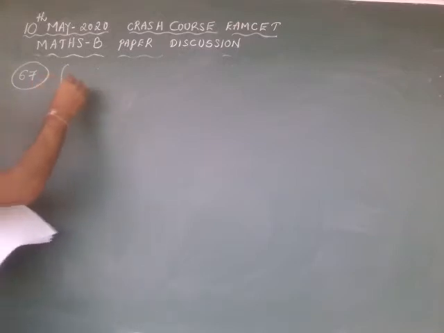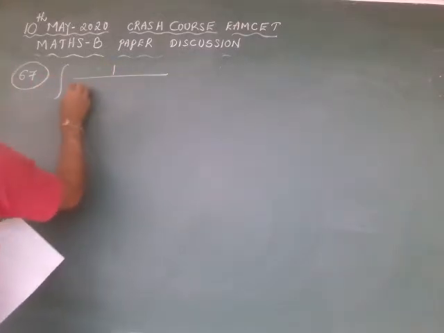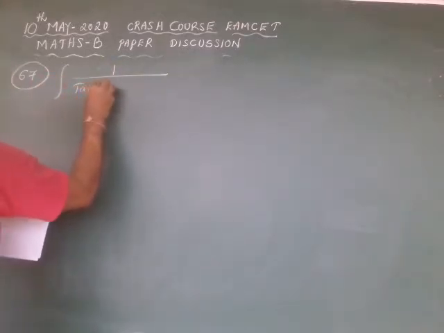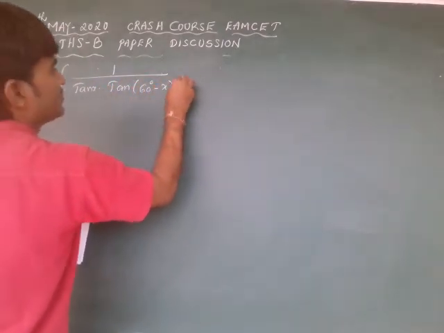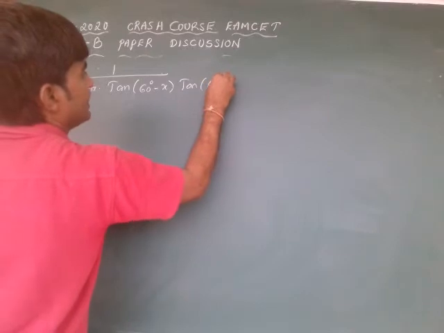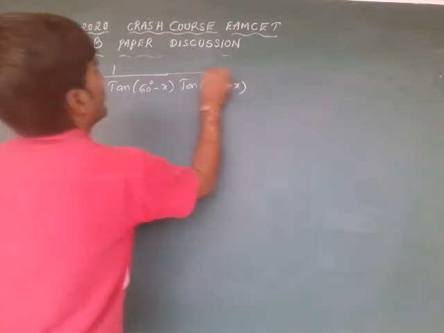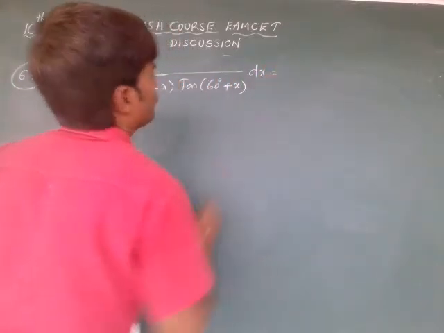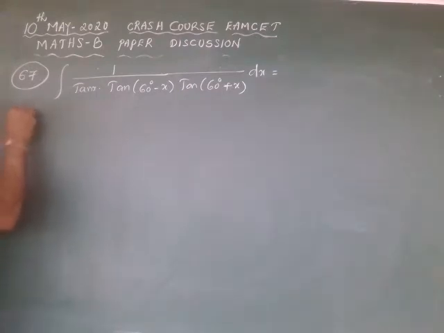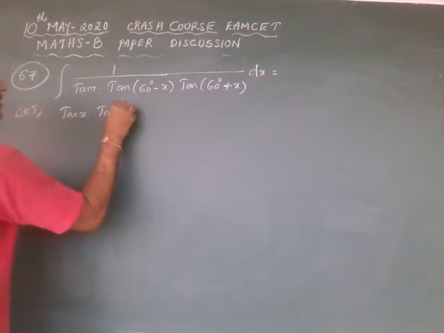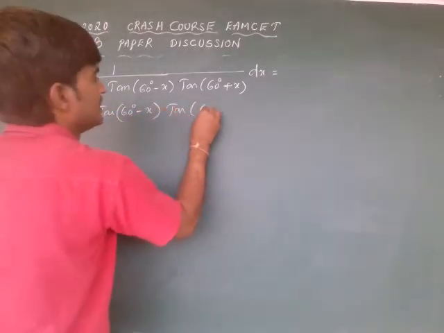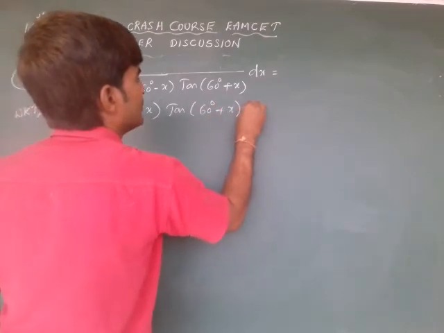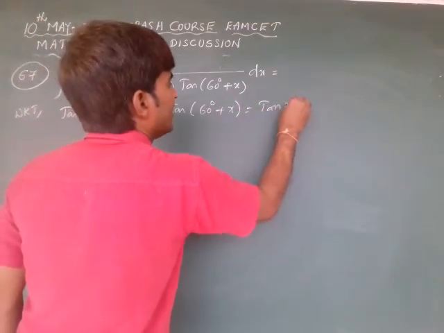67, integral 1 divided by tan x into tan of 60 degree minus x into tan of 60 degree plus x dx is equal to, we know that in trigonometric formula tan x into tan 60 degree minus x into tan 60 degree plus x is equals to tan 3x.